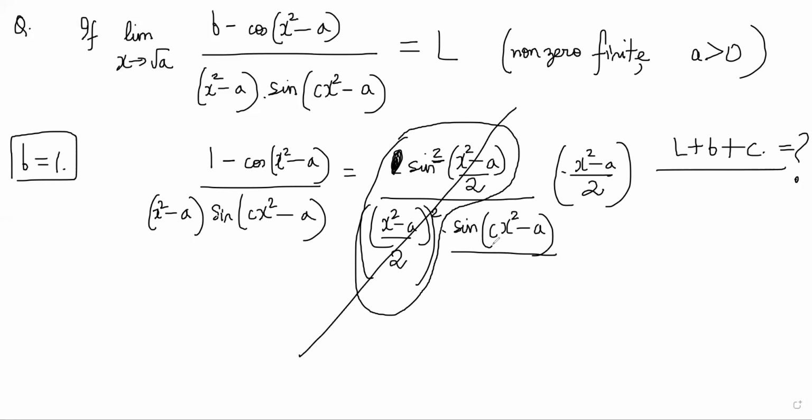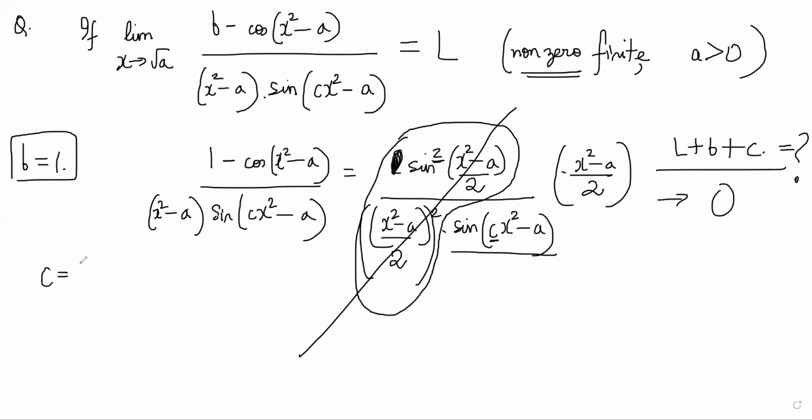So for this to work out, this is becoming c a minus a, right? And this is 0. And because the limit is non-zero, if it was c a minus a, some normal non-zero thing, and top was 0, limit would have been 0, right? Are you understanding what I'm saying? Because it has to be non-zero, this c should be 1.